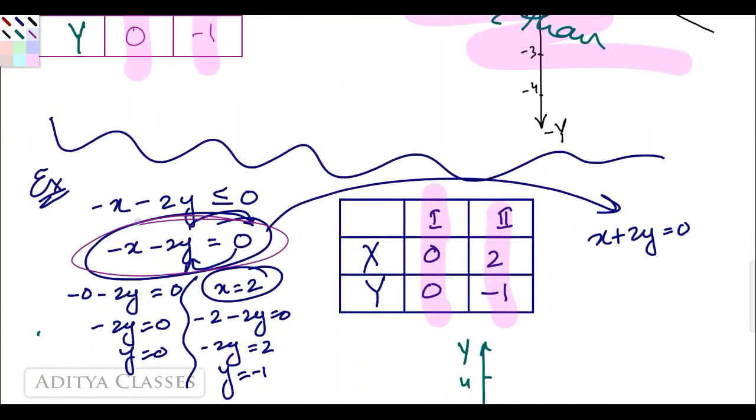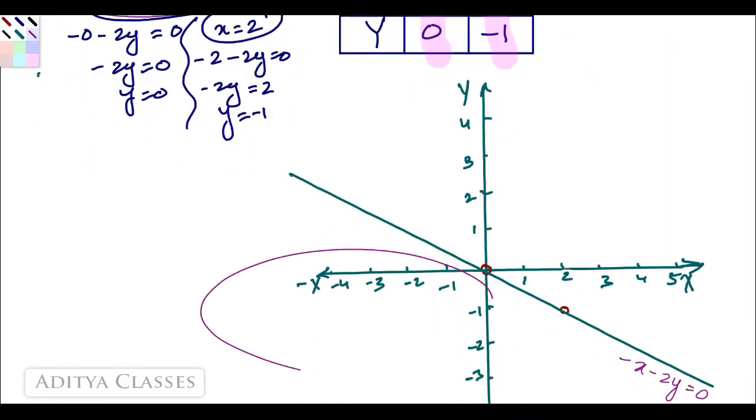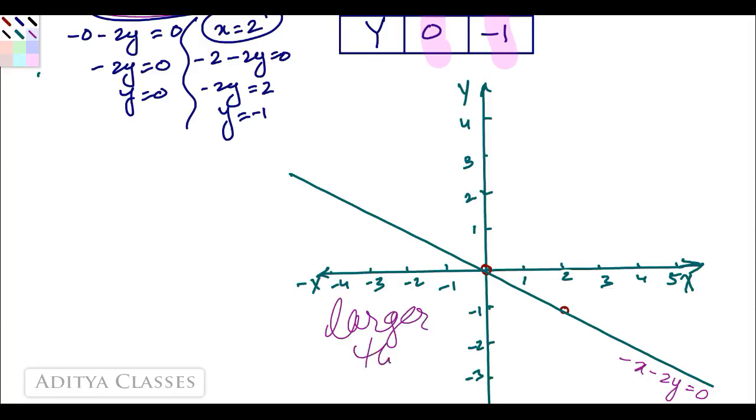Now this time I have minus x. So this minus x is telling me that this minus x area is larger than. So where will be my smaller than area?